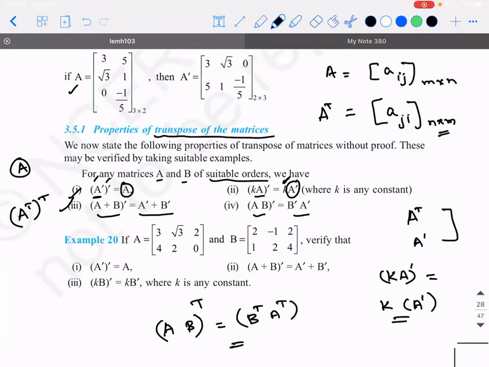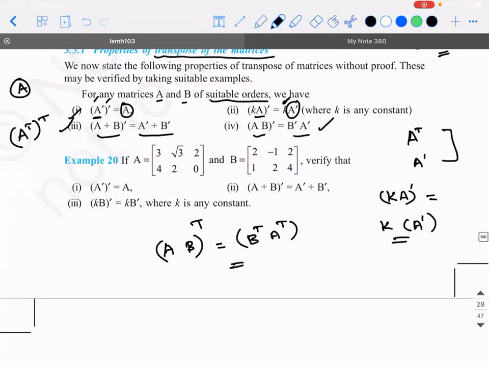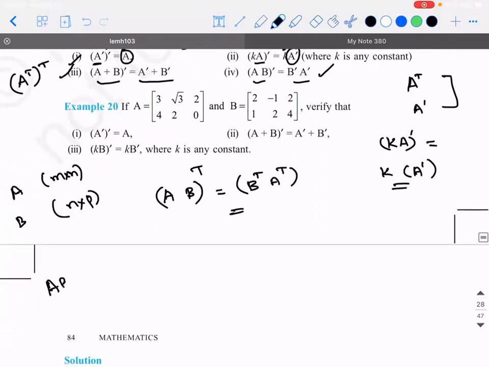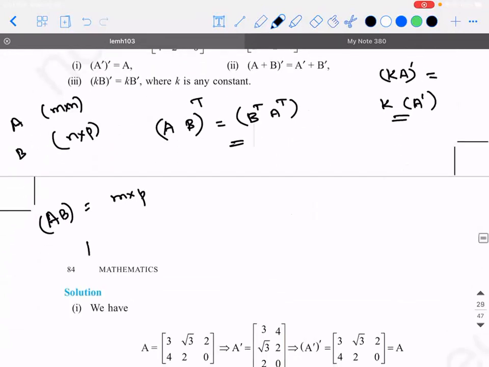All these properties generally come from observation. Can you guys think of the logic for it? AB the whole transpose is equal to B transpose into A transpose. Why? Let's say A is a matrix of order m by n, and B should be a matrix of what order? It should be n by p. Then A into B will be a matrix of order m cross p.